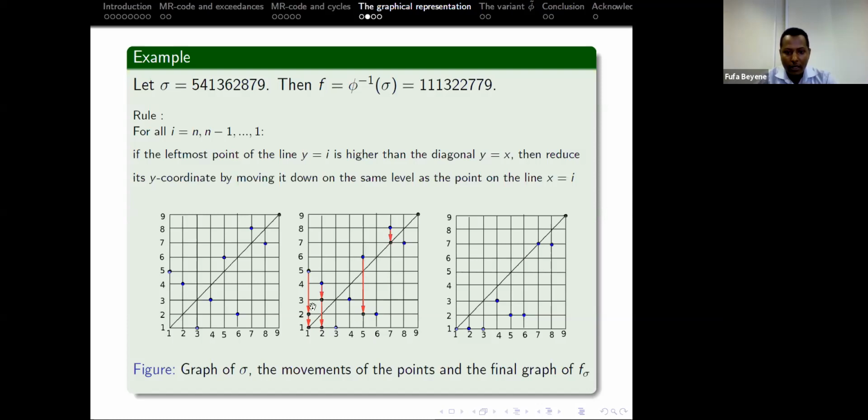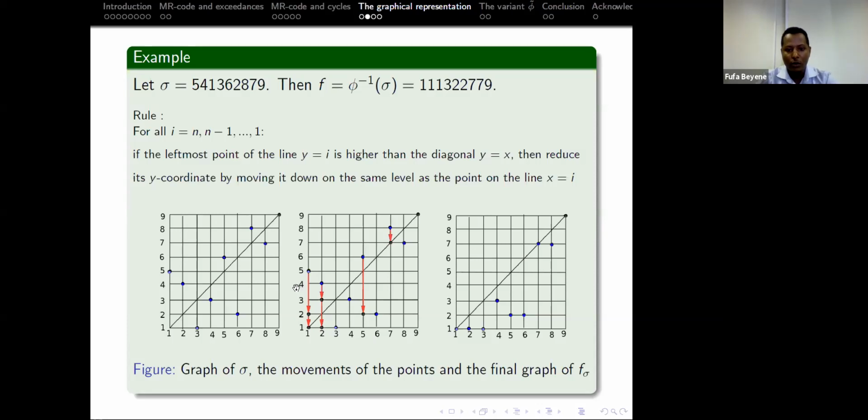And when you consider i equal to 5, you have this point, and that is above the main diagonal. So look at x equal to 5, and at 5 you have the point at level 2 here, and this point will be moved down to this level. And you go next to 4.